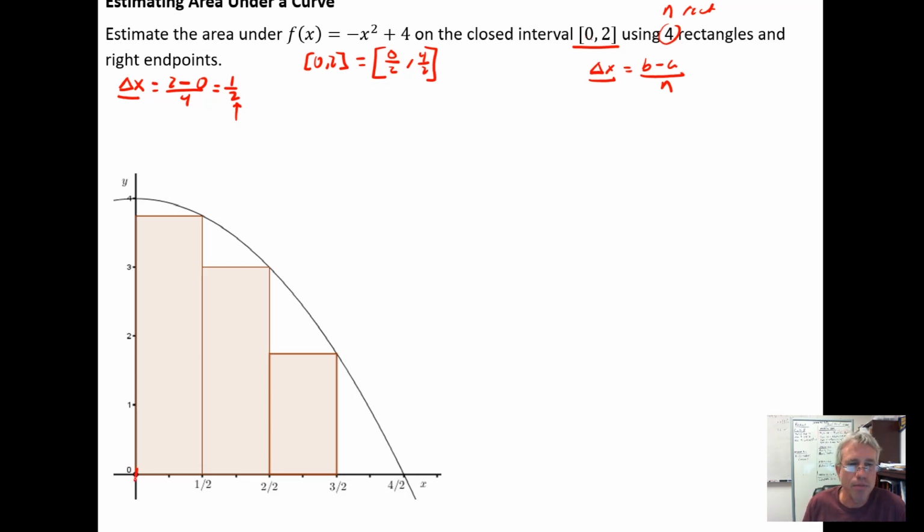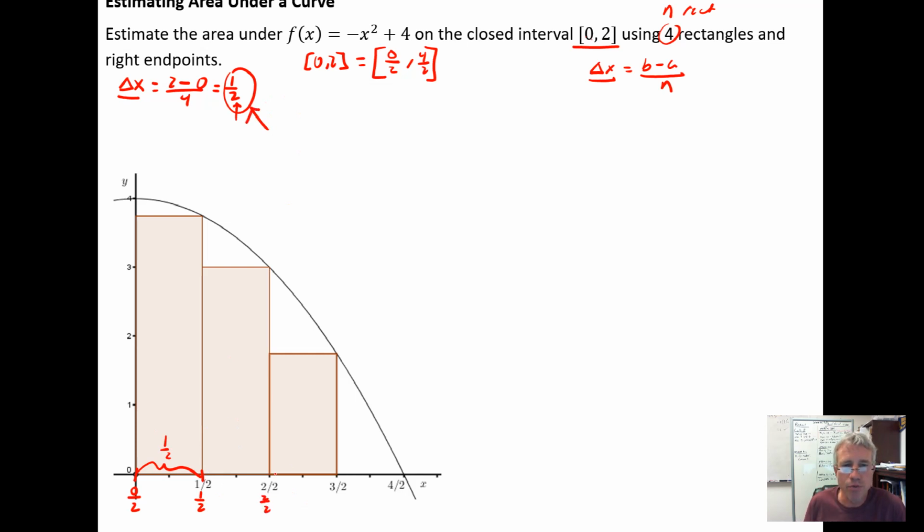So I'm going to start at the beginning of my interval at 0 over 2 and put my first tick mark there. My second tick mark will go at 0 over 2 plus the width of the rectangle. 0 over 2 plus 1/2 is 1/2. So that's going to establish the first rectangle base with width 1/2. Then you take 1/2 and you add another half to it to get 2 halves.